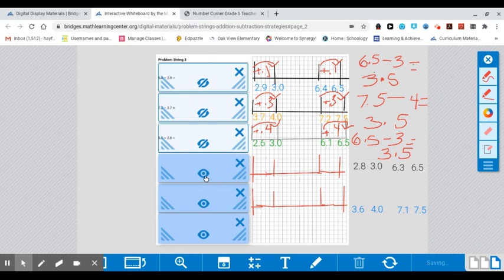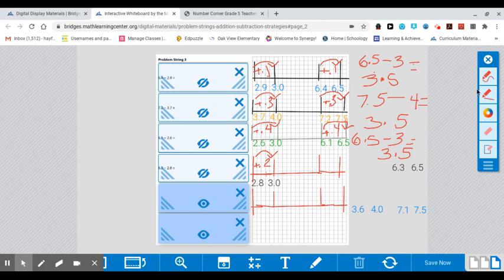Let's move on to the next problem. We've got 6.3 minus 2.8. If we add 2/10 to each one of these numbers, it makes it way easier to subtract them. So if we take 2.8 and add 2/10 to that, it brings us to 3.0.